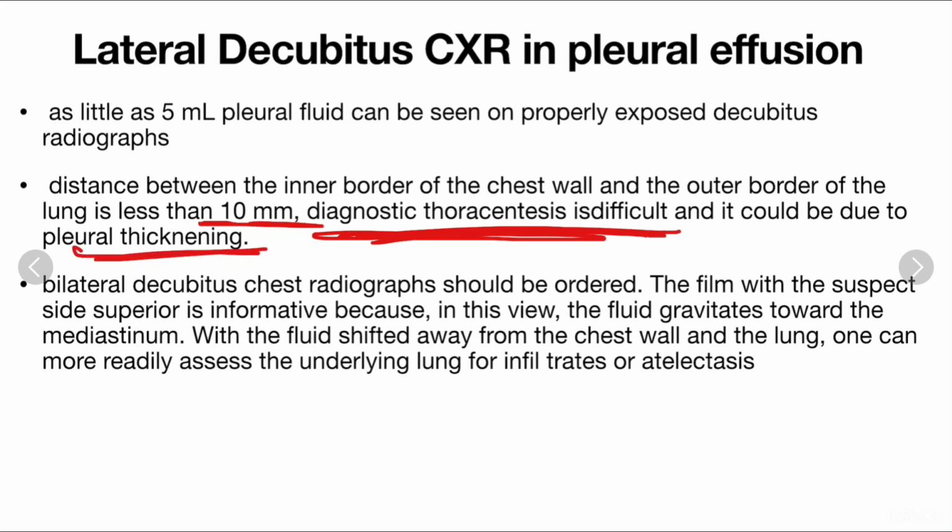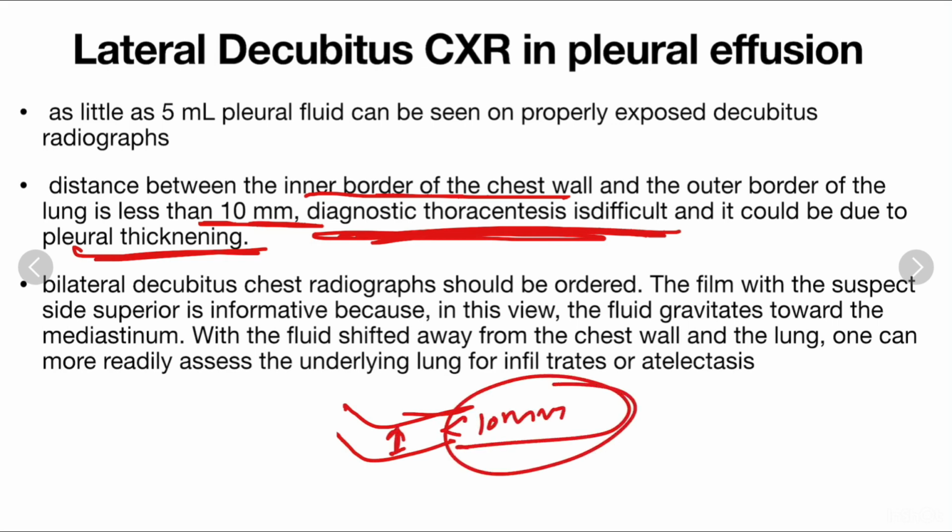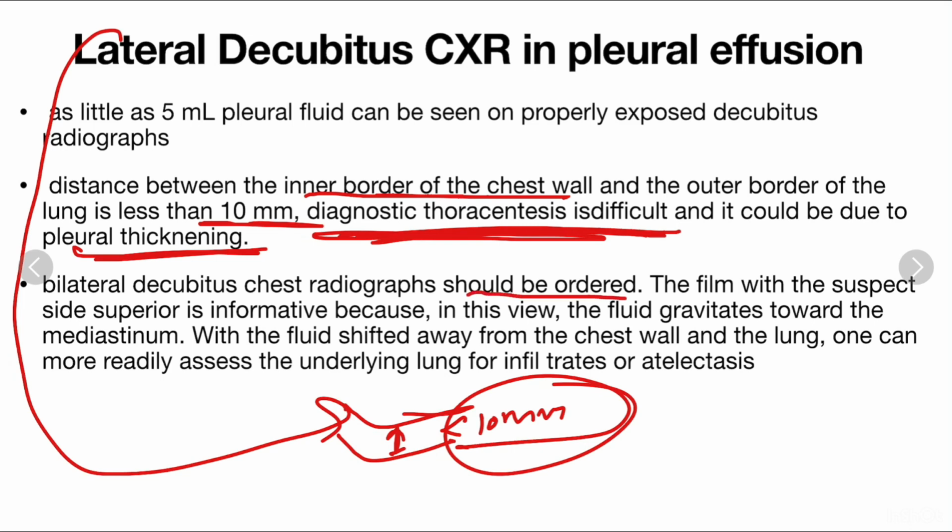So they are telling that if the distance between the inner border of the chest wall and the outer border of the lung is less than 10 mm, then we should not try diagnostic thoracocentesis. They are talking about only lateral chest X-ray. Bilateral decubitus chest X-ray should be ordered.